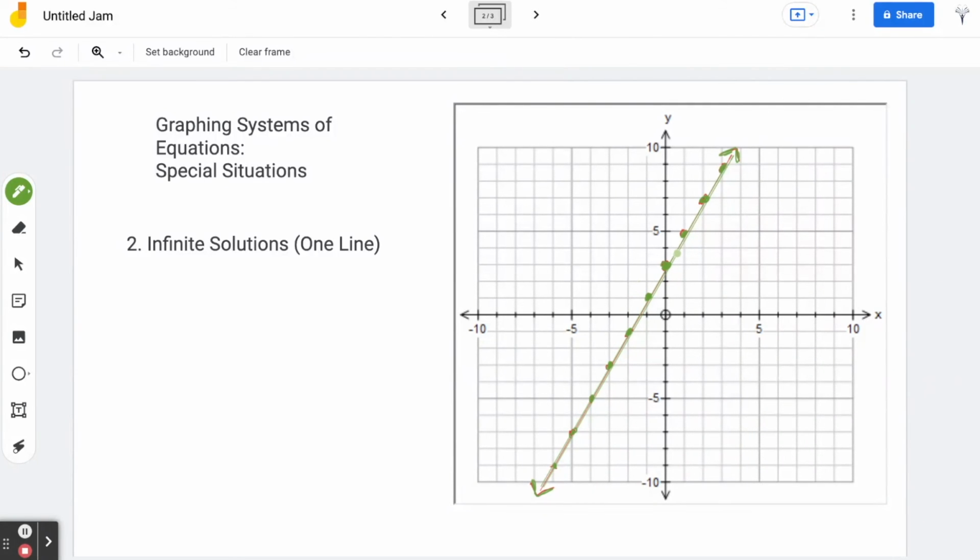Therefore, any single point that you pick along the lines is an accurate and correct solution to this system of equations. Okay. That doesn't mean that a point over here is an answer to this system of equations. It means that any point along these two lines will be an answer to the system of equations.